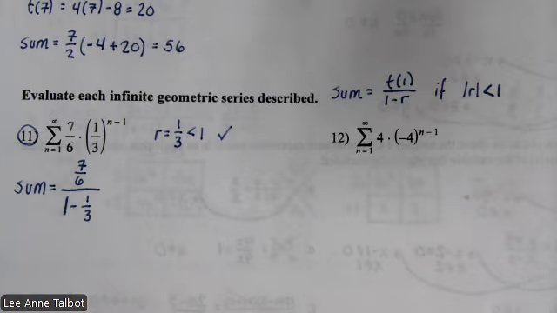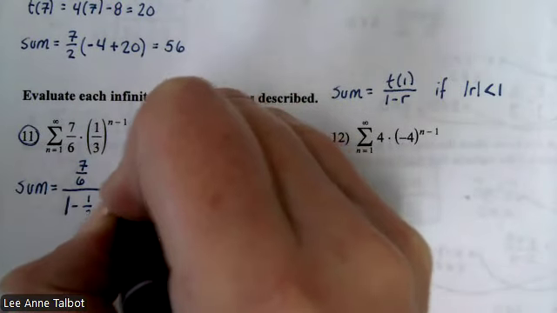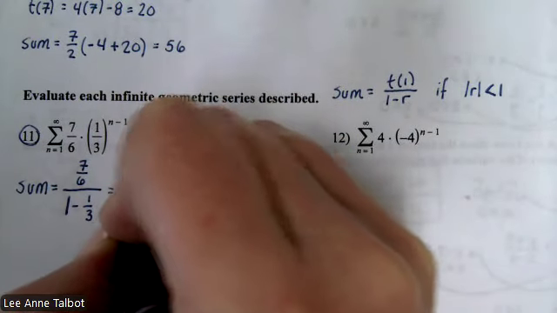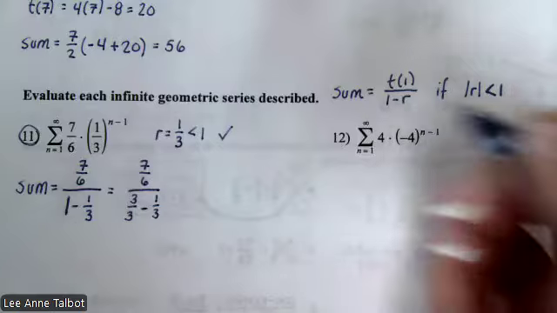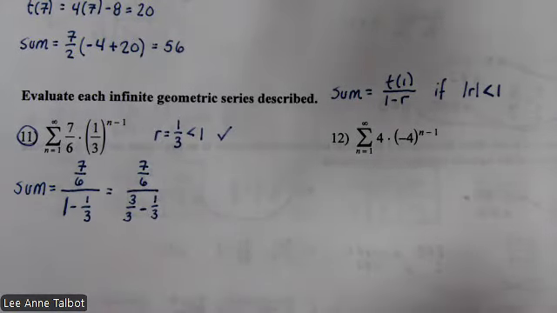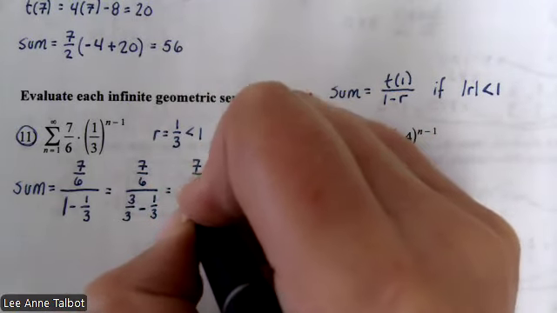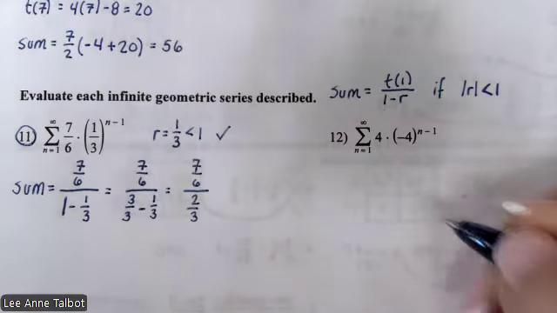Do you guys see the spoiler of number 12 already? Okay, just checking. So 7/6 over 3/3 minus 1/3. 7/6 over 2/3.